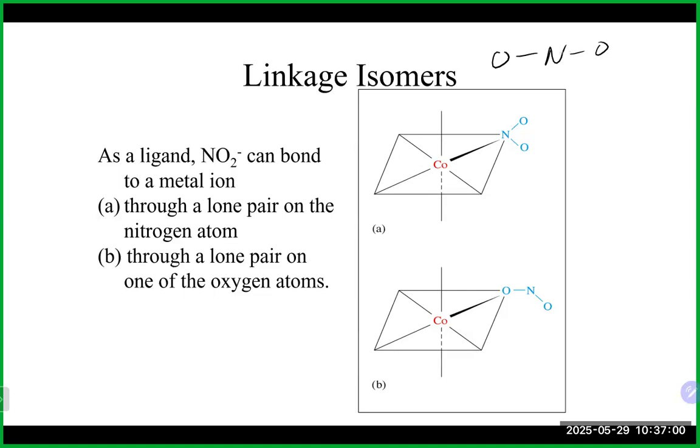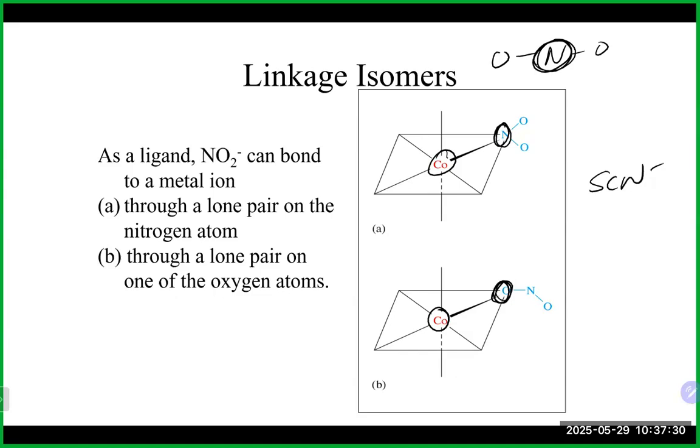In certain cases, the ligand will attach using the nitrogen, and that is what we see right here. In other cases, the ligand will attach through the oxygen. It is the exact same ligand in each case, but the linkage to the transition metal, the cobalt in this example, is different. So thiocyanate, for example, SCN-, I could also do that.